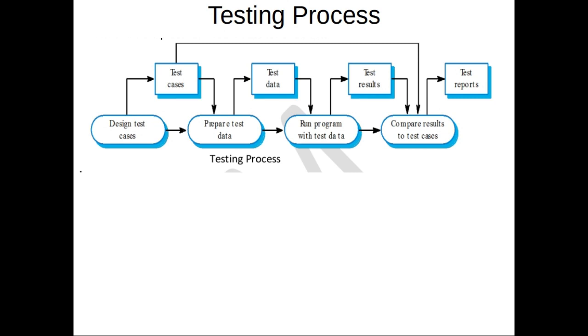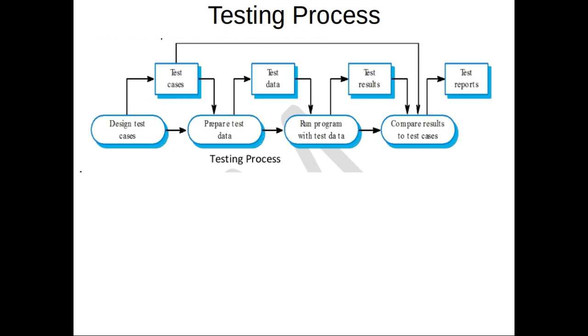Having a thorough understanding of the entire test environment at the outset enables more efficient test design and planning. As a result of this design, various test cases can be generated as the output of the design test case activity. Based on these test cases, the test data is prepared.